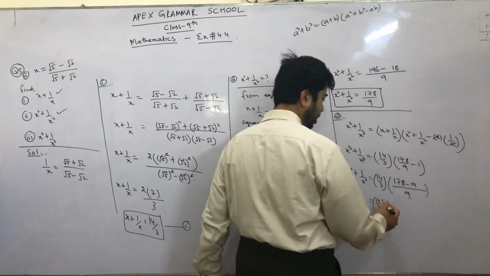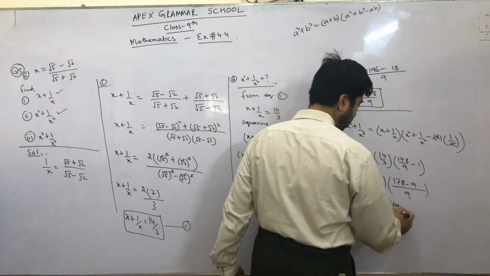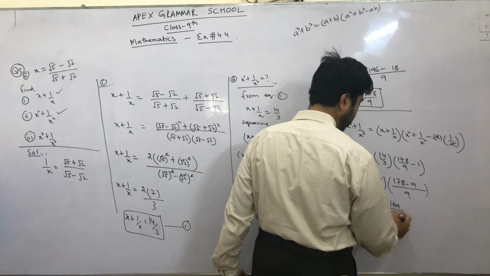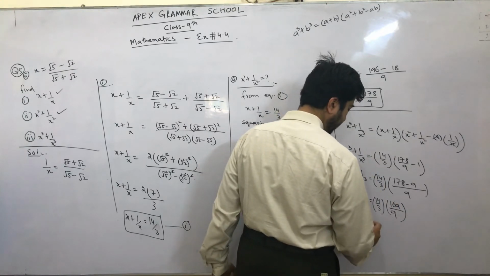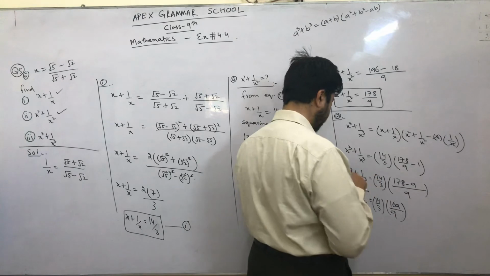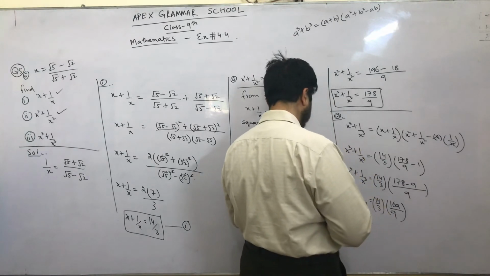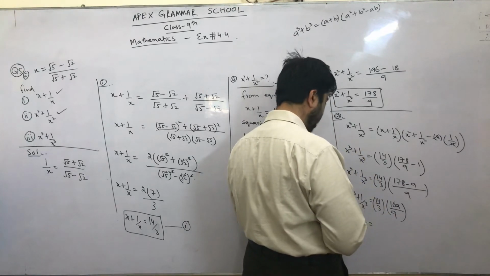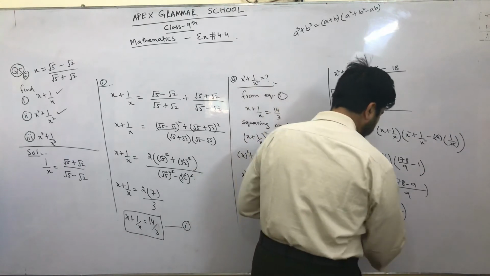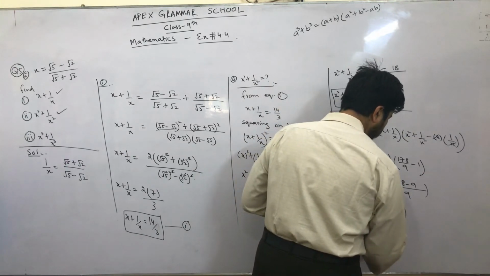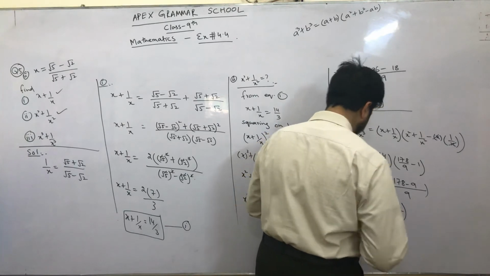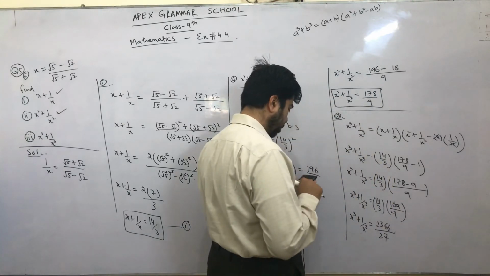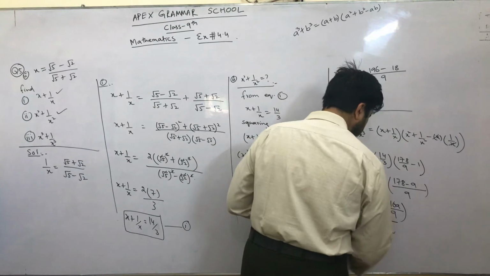This is 169, and in the denominator that is 9. So after multiplying this numerator with this numerator, 169 multiplied by 14, that is 2366, and in the denominator 9 3s are 27. So this will be the answer.